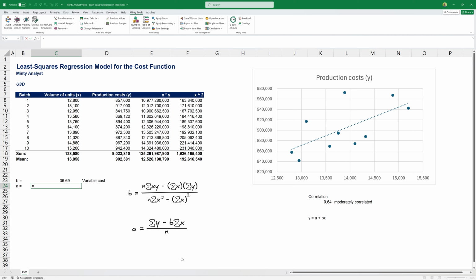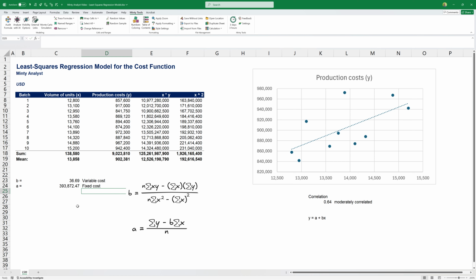So this will equal the sum of y, but in brackets, so the sum of y minus b multiplied by the sum of x, divided over the number of items, and this is 393,872.47, which means that we can build our function for the total cost.